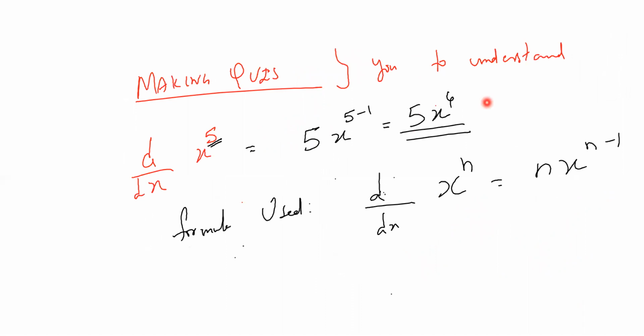Making questions: x power 5 is there. What I told you, put the same 5 here, then subtract one number here, x power 4. Another important learning is that making a question means you have to know the answer. We don't make complex questions. We don't make something like 100 d by dx of x power 6 in the beginning.